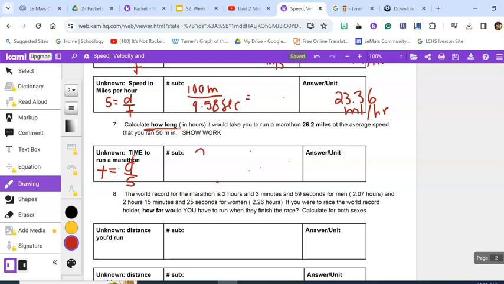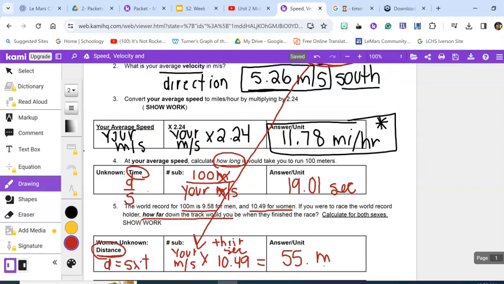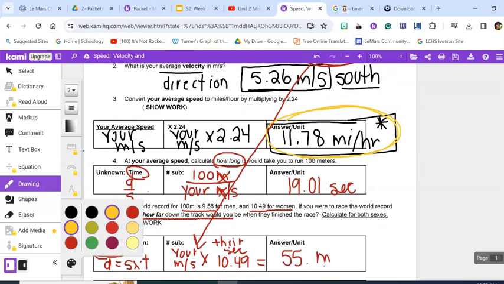Now the distance is going to be 26.2 miles. And the speed that you're going to use is your miles per hour, which is on the front, which is, at least for Nevea, 11.78.